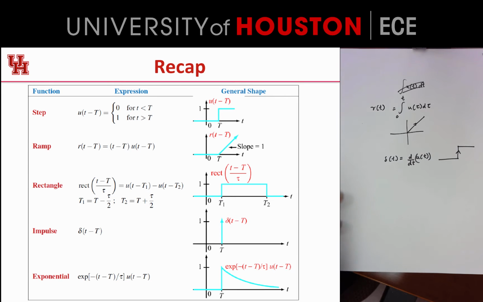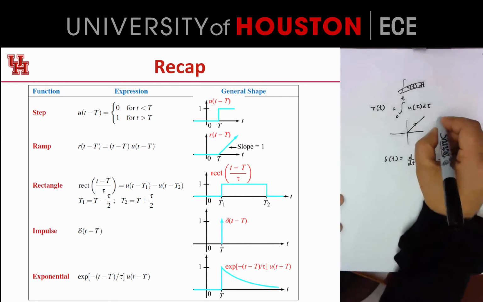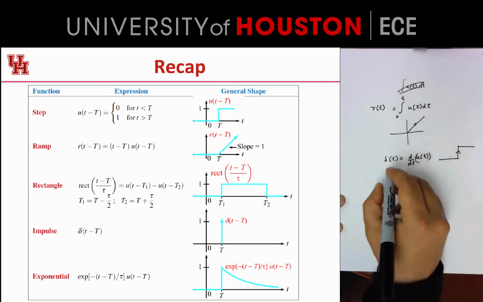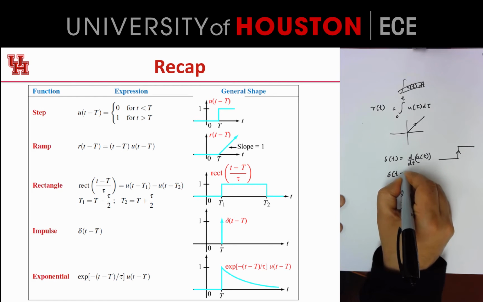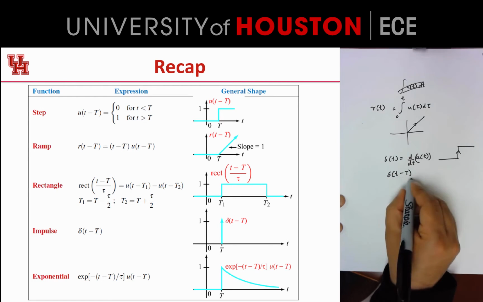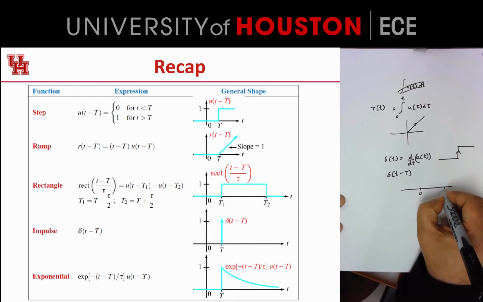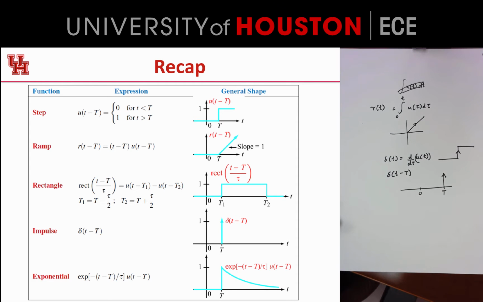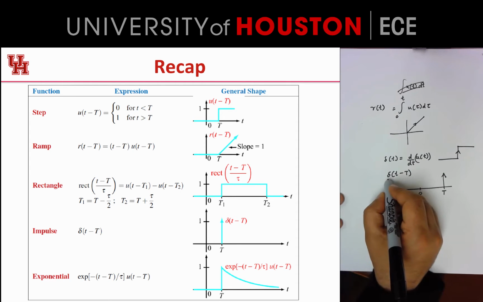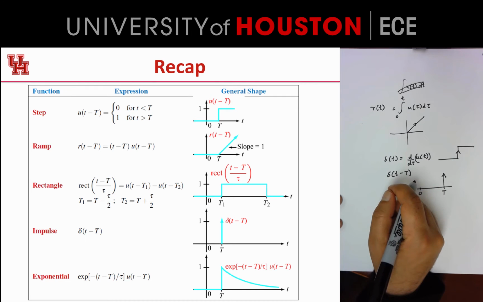So we've been using some basic signal transformations. For example, if we write delta of t minus capital T, it means that the delta function is shifted from 0 to this point capital T. So this is the time shift of a signal.